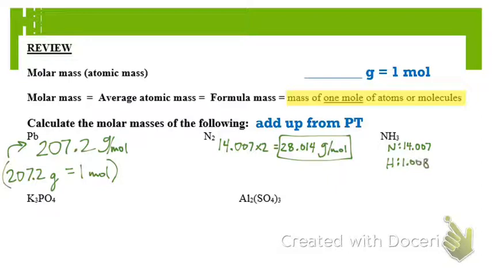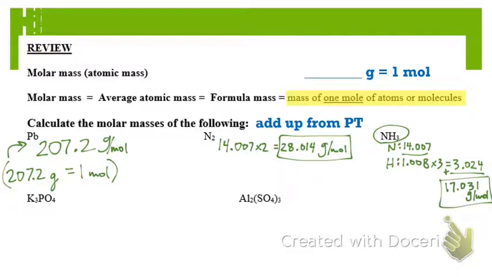Then look at the formula to see how many of each you need. I just need 1 N, but I need 3 H's. So I'm going to multiply this by 3, which gives 3.024, and then our final step to finding the molar mass of this entire compound with that 1 N and 3 H's is to add up these masses, and that's going to get us a final mass of 17.031 grams per mole, of course.